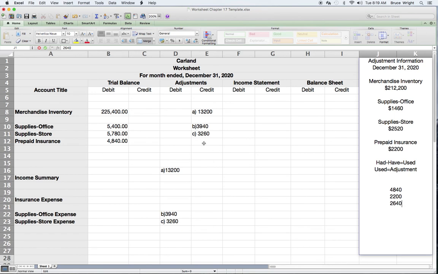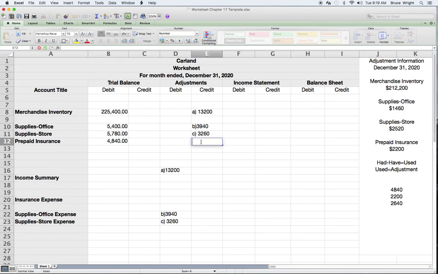We have to decrease it, which is our fourth adjustment. And insurance expense is the account we adjust with it.